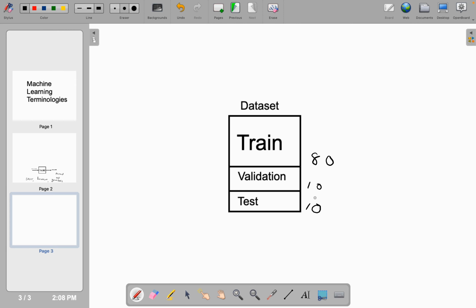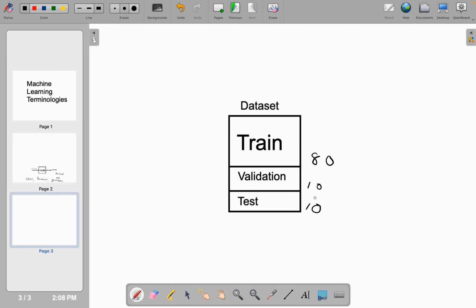As you can see, the train set is different from the validation set. The model hasn't gone through the validation set in the training process, right? The model will predict some output on the validation set, and then we can evaluate how well it is performing on the validation set and how well it learned from the training set, right?